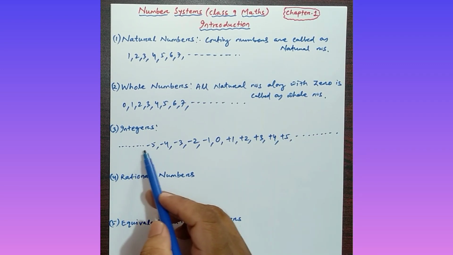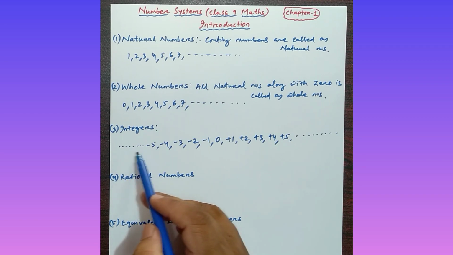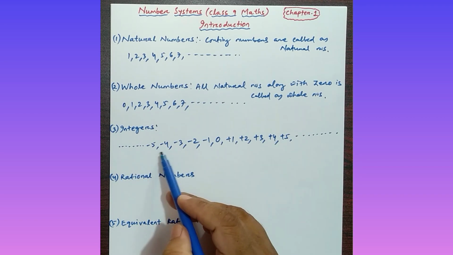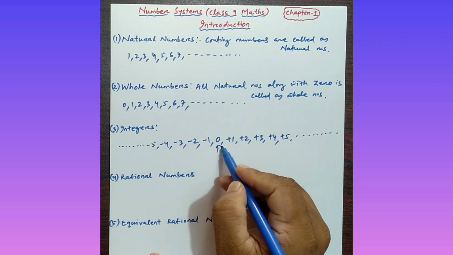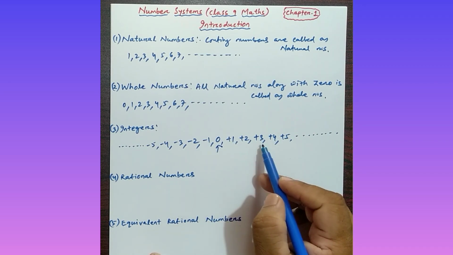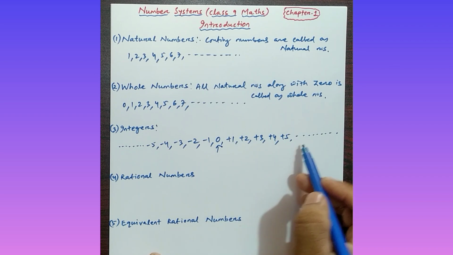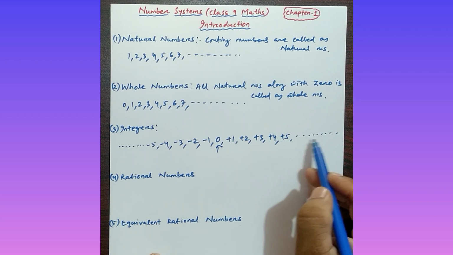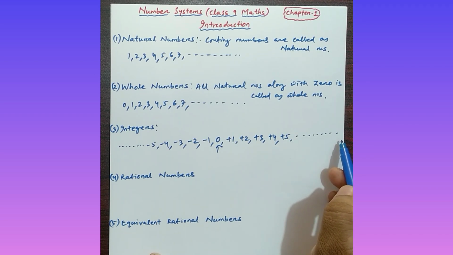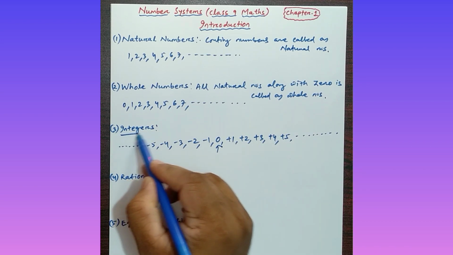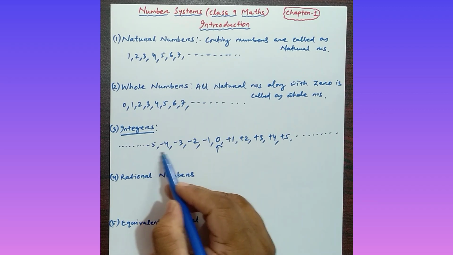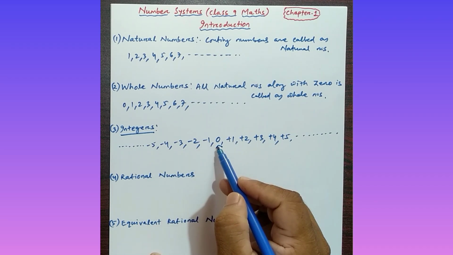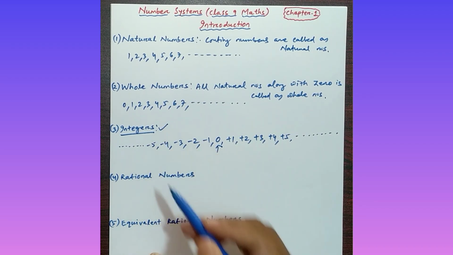The dots here indicate infinitely many negative integers: -5, -4, -3, -2. These are negative integers, including 0 also. And here +1, +2, +3, +4 are positive integers, and the dots mean infinitely many positive integers are there. So that is the meaning of integers: all the natural numbers and negative of the natural numbers along with 0.